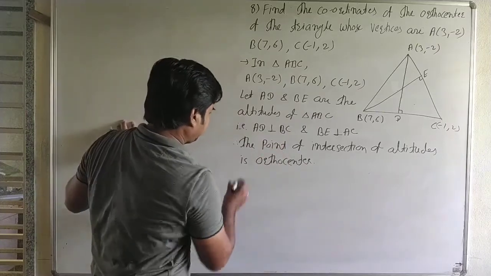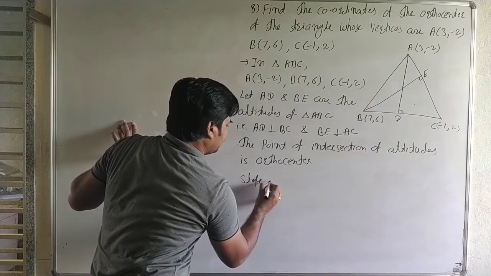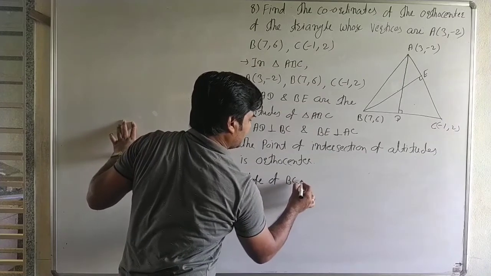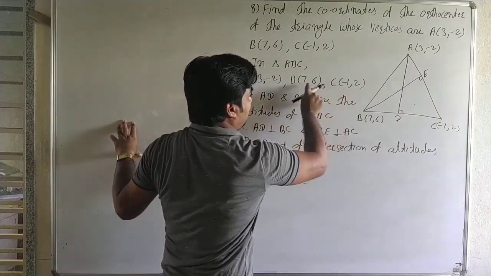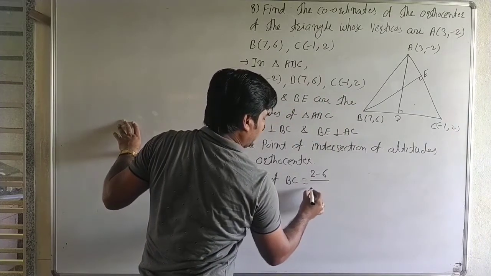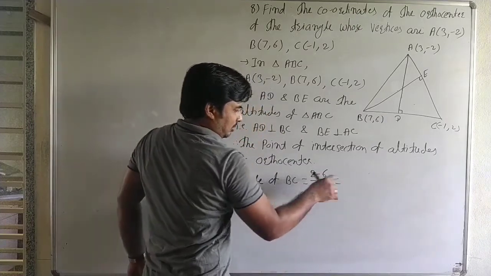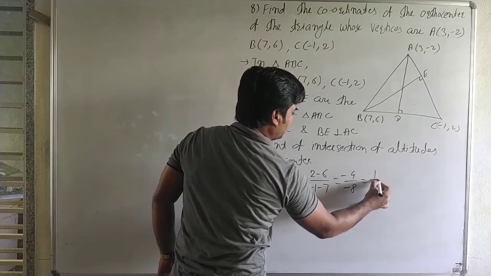Now the slope of BC is (y2 minus y1) upon (x2 minus x1), which is minus 4 upon minus 8, that is 1/2.